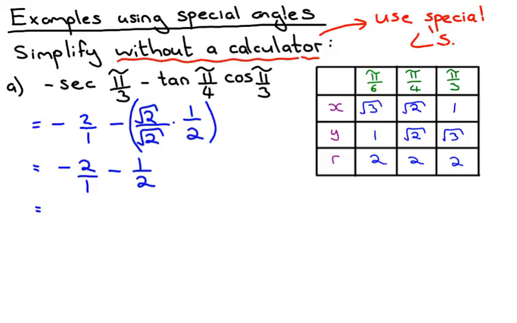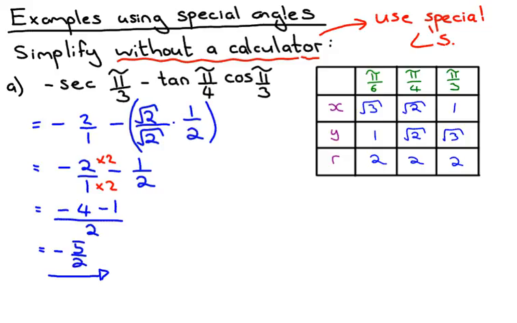So I know this is quite basic, but I'm going to put it in times by 2 times by 2. So I've got negative 4 minus 1 over 2, which is negative 5 over 2, which you can write as a mixed number, but you don't have to. Okay, so you land up with your negative 5 over 2. That's one type of question that can use special angles.